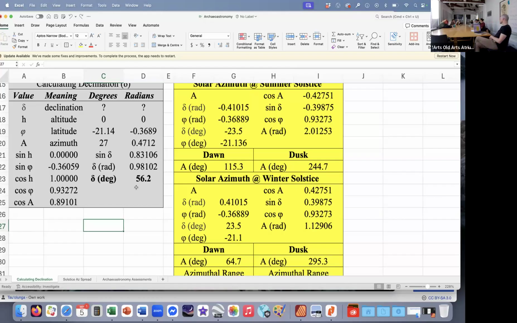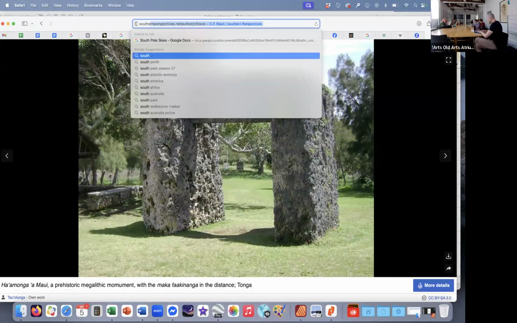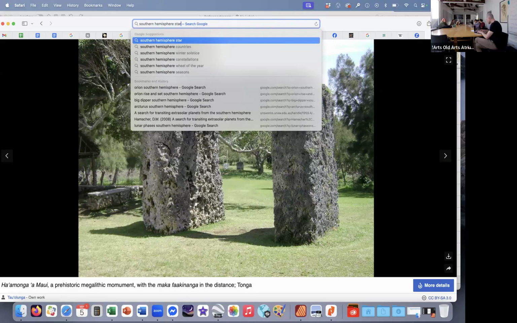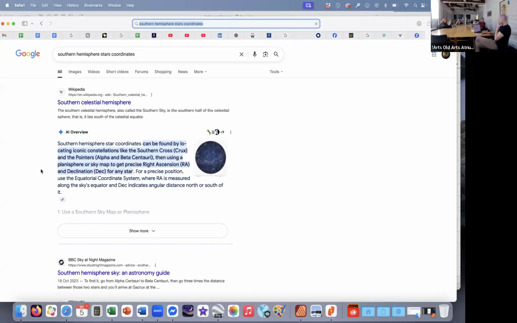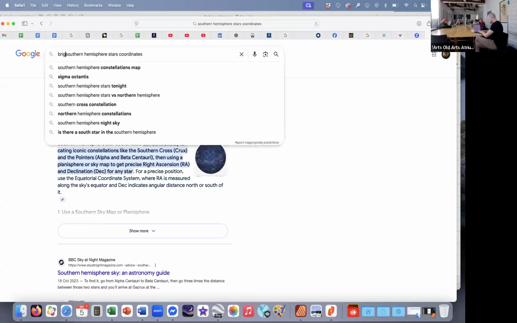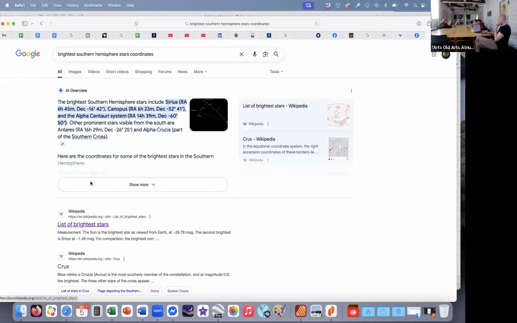Well, we're looking for about 56. Achernar is about minus 52. Alpha Centauri is about minus 60, because we're in the southern hemisphere.